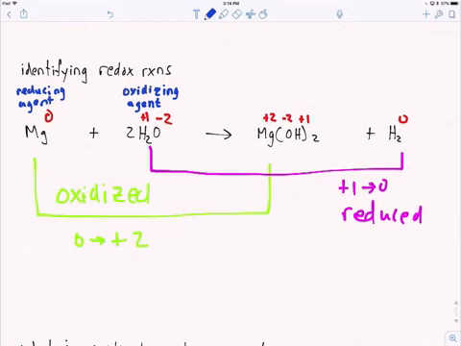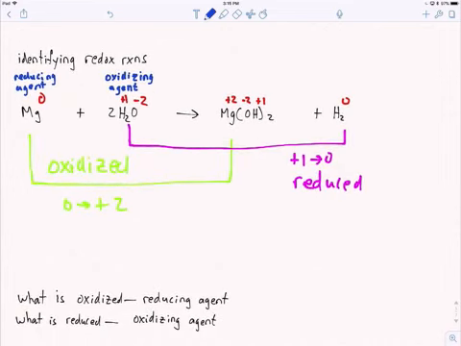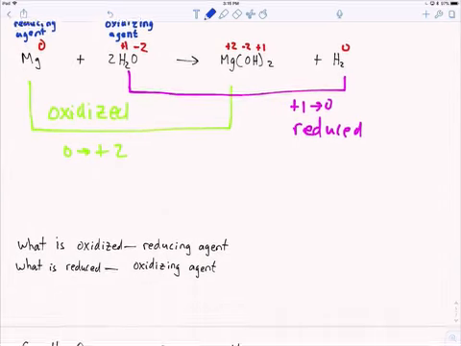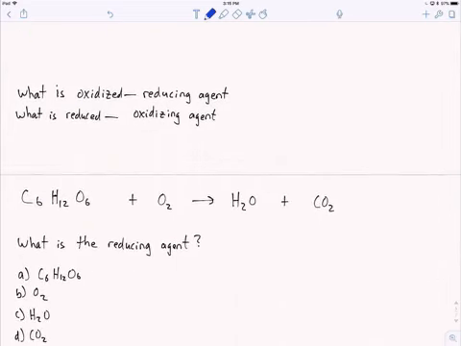So either natural gas, oil, gasoline, or for us, sugars. Right, so reducing agents. Fuel is the most common one. Fuel plus oxygen makes fire. And that's what I said there. What is oxidized is a reducing agent, and what is reduced is an oxidizing agent.